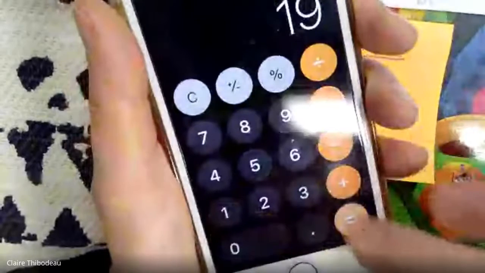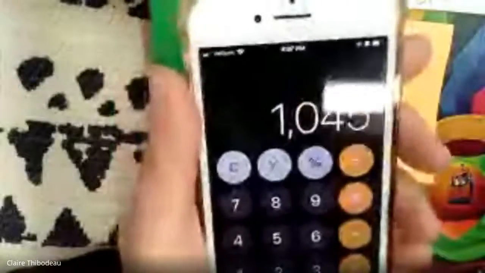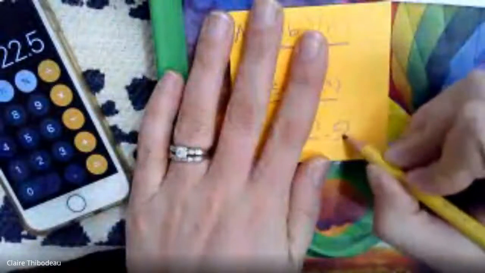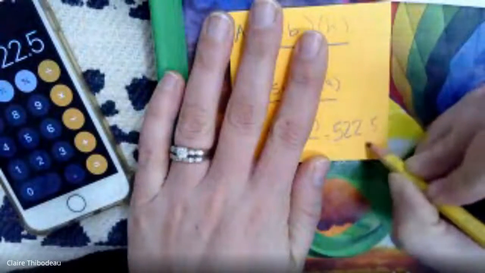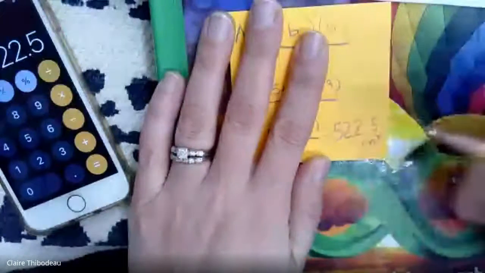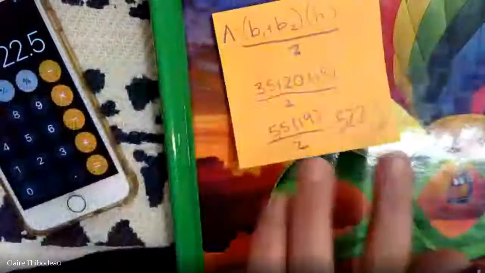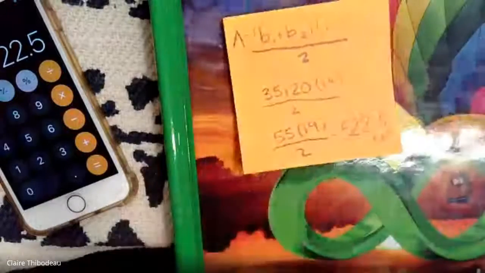So for the sake of time, I'm just going to show you on the calculator. 55 times 19 equals 1,045, divided by 2 equals 522.5. So I actually wasn't too far off. 522.5 centimeters squared, and I thought it was 500. So I was about 22.5 centimeters off. But anyway, that's how you do it.